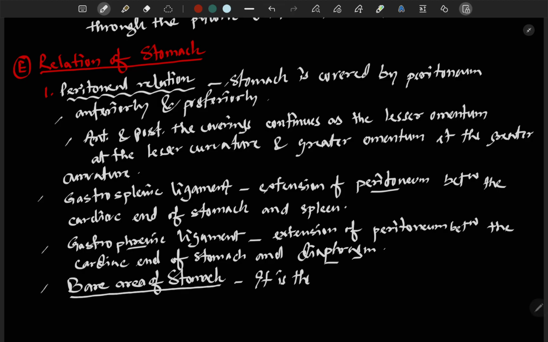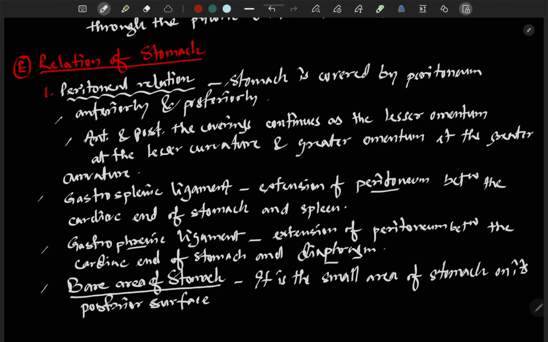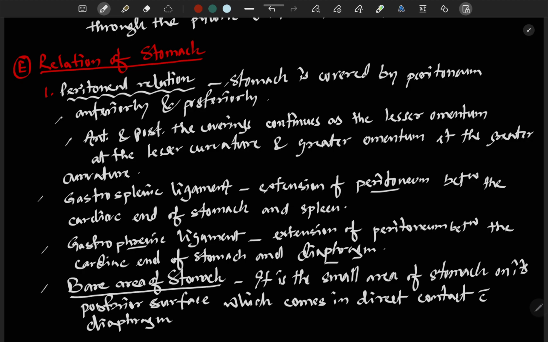It is the small area of stomach on its posterior surface, which comes in direct contact with diaphragm without peritoneum.